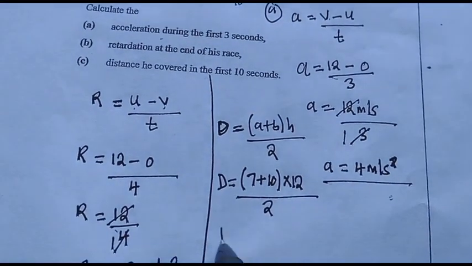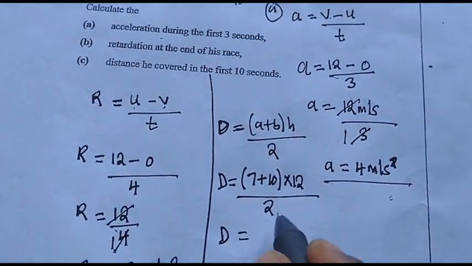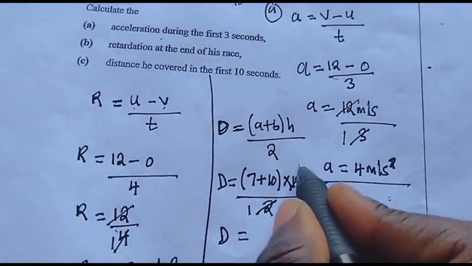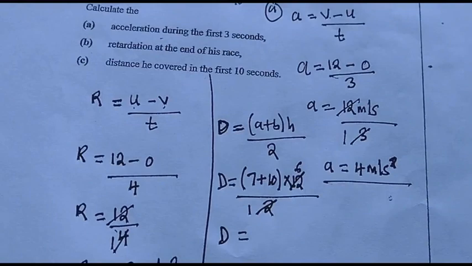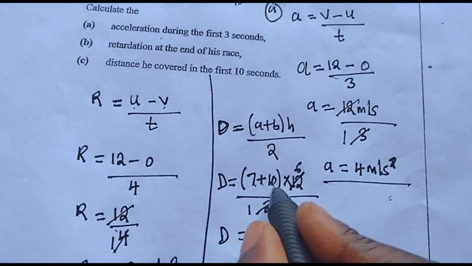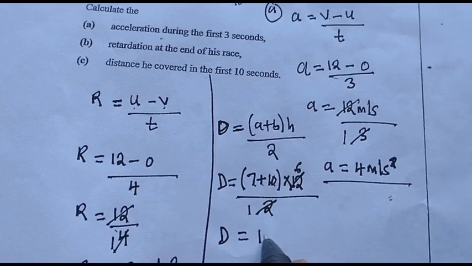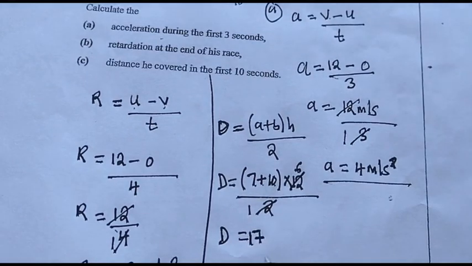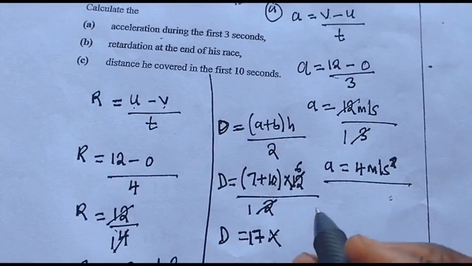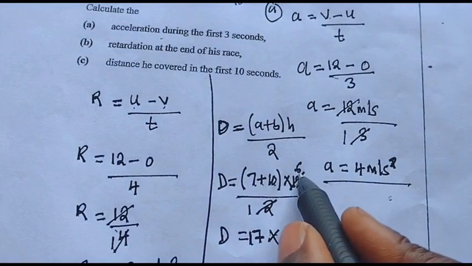So from here, distance is equal to, you can cancel the 2 here. 2 into 12 is 6. So we have 7 plus 10, which will give us 17. 17 times, then we have a 6 right here.